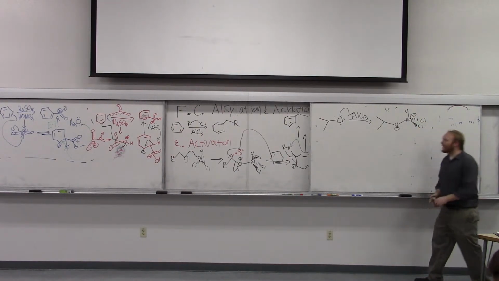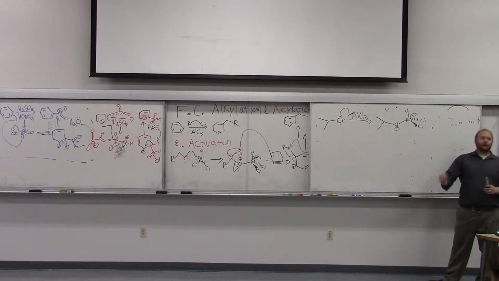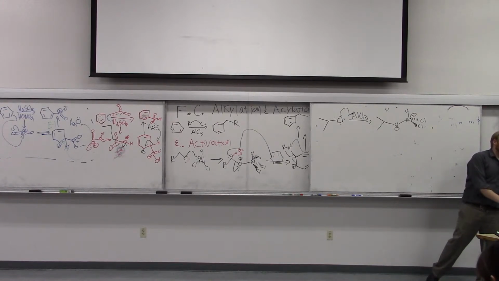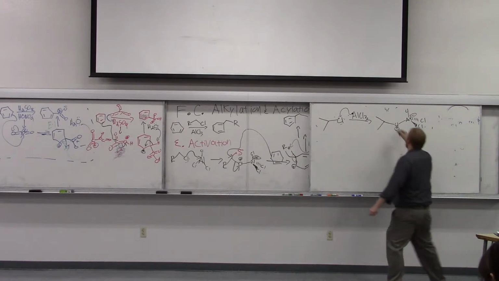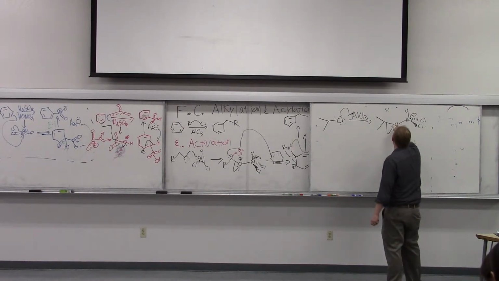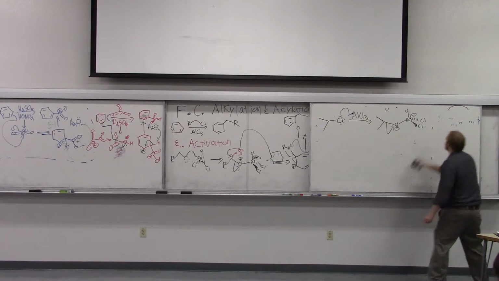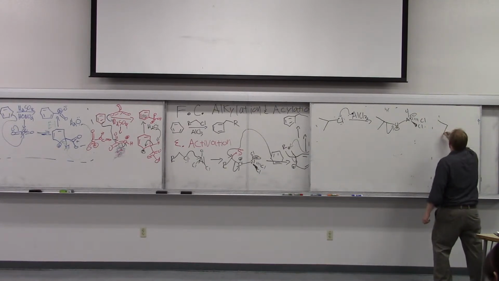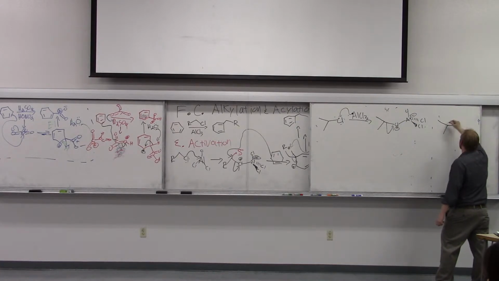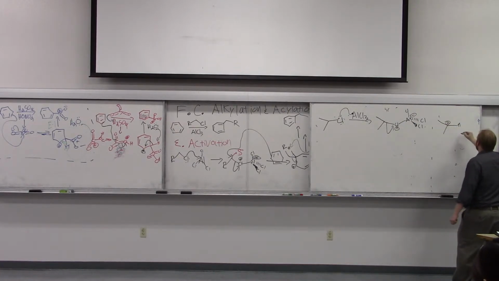But now, in this case, since we have a secondary or possibly a tertiary carbocation, we can actually form the carbocation, to give us, in this case, our secondary carbocation plus AlCl4 minus.